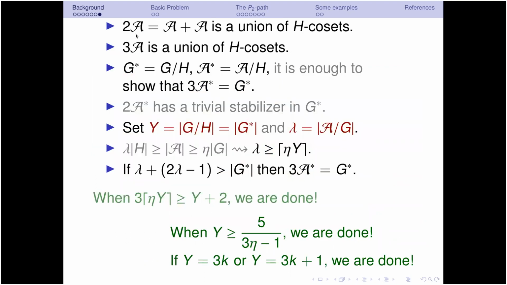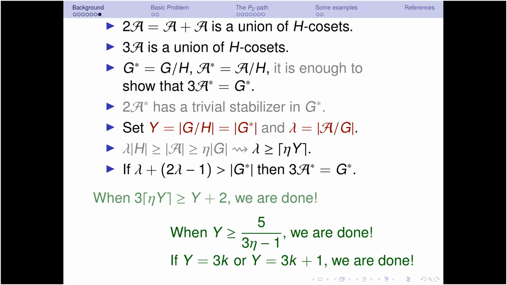First, you have to see that 2A is a union of H cosets, and 3A is also a union of H cosets, though A is not a union of H cosets. It means that you can work in G by H. Just take A star to be A by H, and now you can work in G star, which is G by H. And because 2A is already a union of H cosets and 3A also, it's enough to show that 3A star is exactly equal to G star. That's really what you have to do.